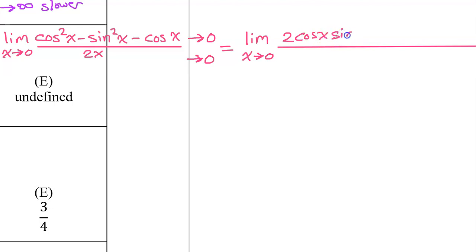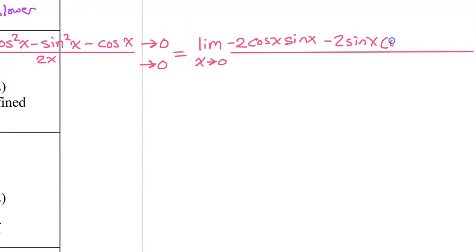So I'm going to put sine x, and I will put the negative sign in the front. Similarly, when I take the derivative of negative sine squared x, the derivative of the outer function puts the 2 in the front, so I have minus 2 sine x. And then the derivative of the inner function, the derivative of sine x is cosine, so I have to multiply by cosine x.